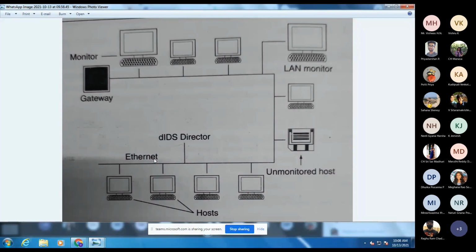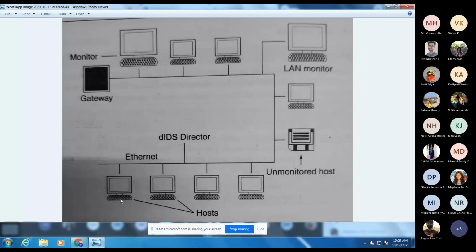Each host will have a communication agent. So each host will send information to this DIDS director. If there is any issue, that will be sent to the DIDS director. Each host will keep watching the operating system, supervise it, and store all the events happening in a log file.